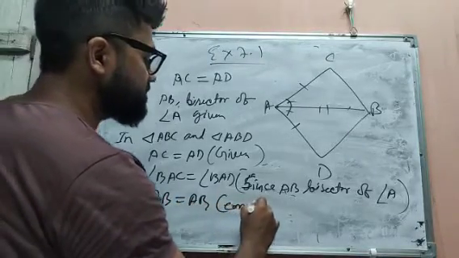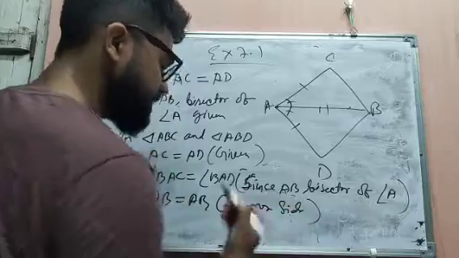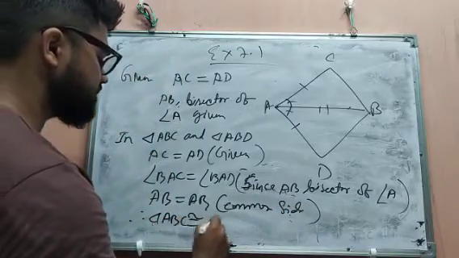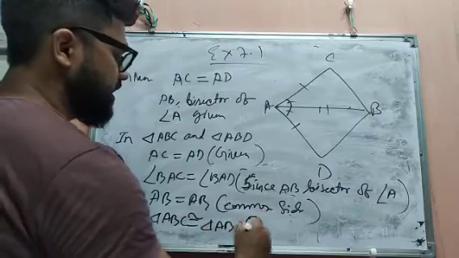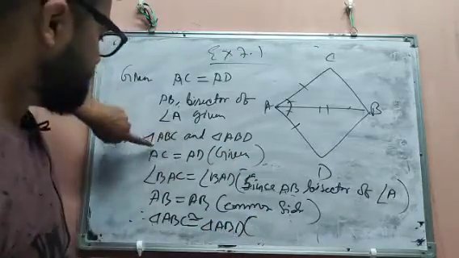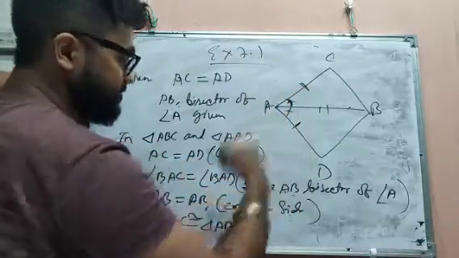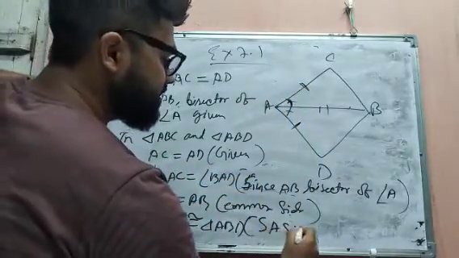The condition is common side. Therefore you can say triangle ABC is congruent to triangle ABD, and the condition is side angle side. We have satisfied the side angle side rule, so you can say SAS rule.